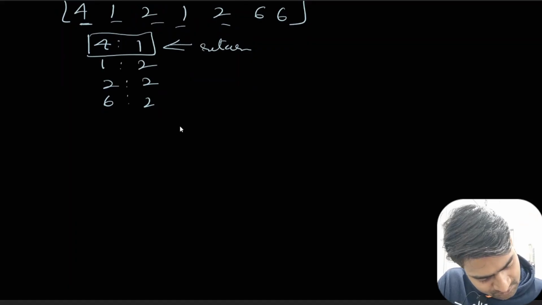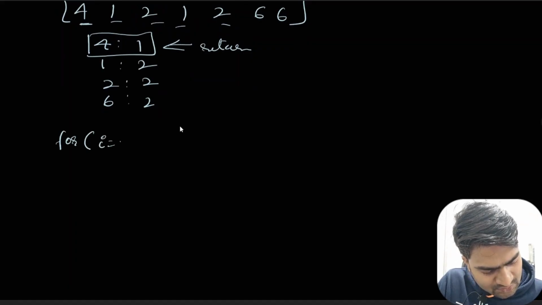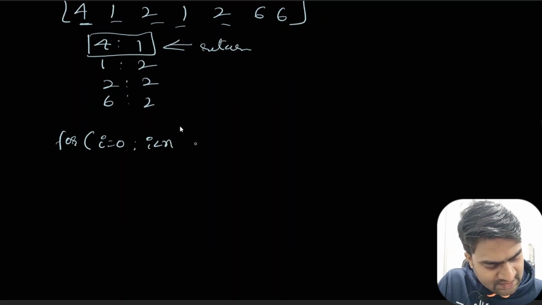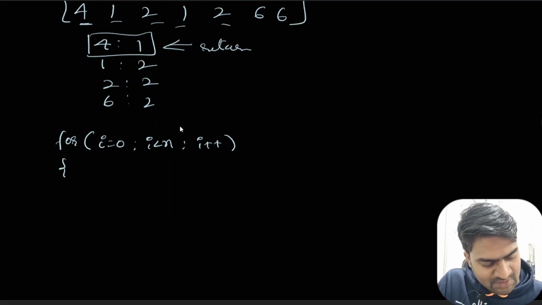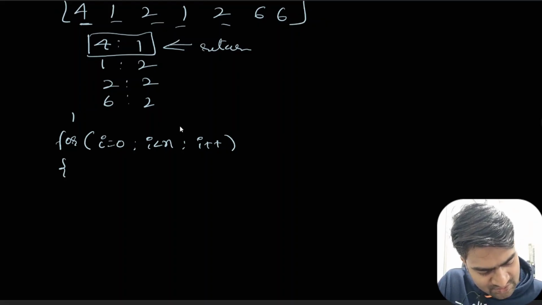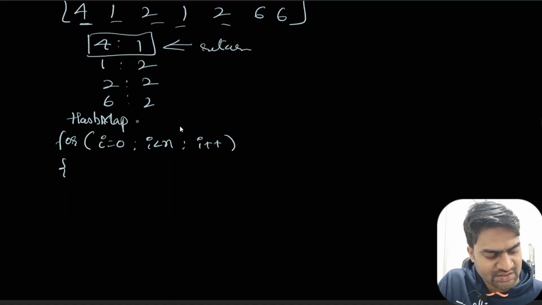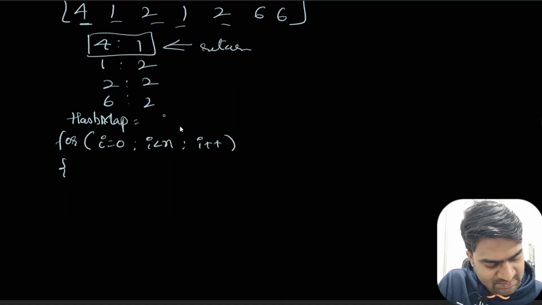So for i equal to 0, i less than n, i plus plus, I will have my hash map. So this is my hash map, or in JavaScript it is simply map.